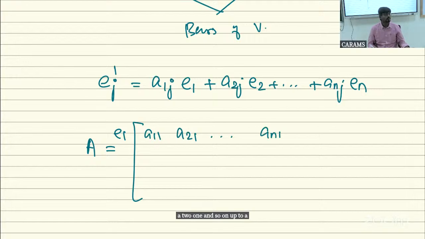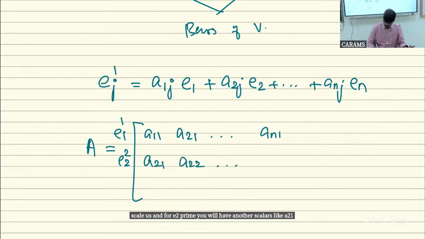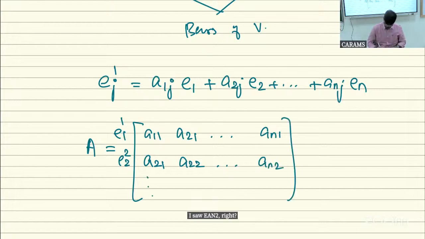And for E2 prime, you will have another set of scalars like A12, A22, and so on up to An2. So finally, for En prime.